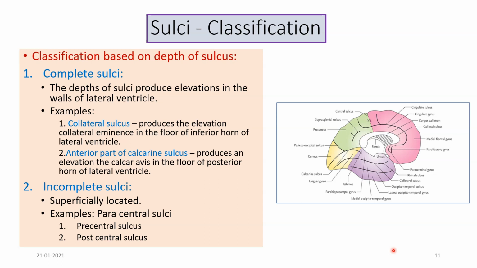So let us see the complete sulci, the examples for which are the collateral sulcus and anterior part of calcarine sulcus.